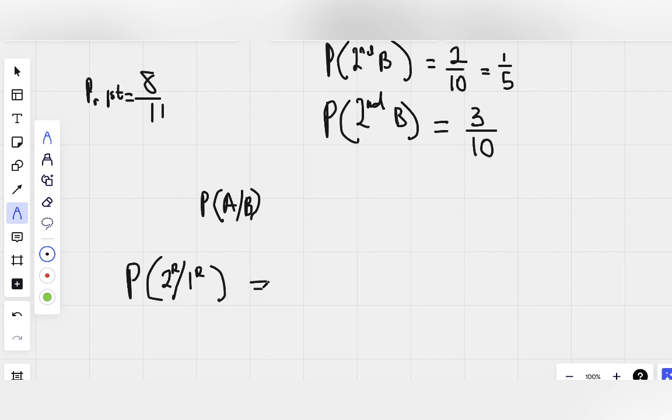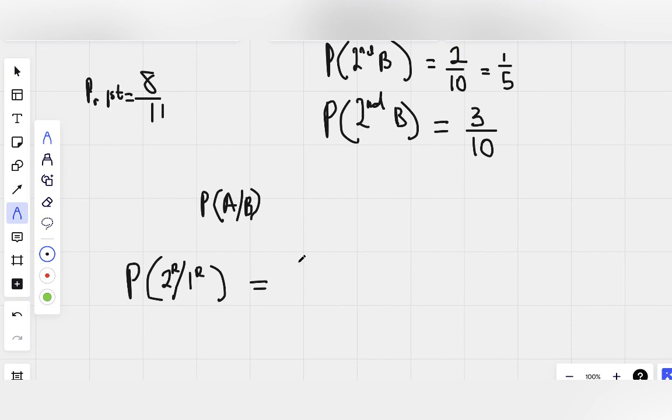If the first one was red, the probability of the first one being red will be 8 over 11. Now the probability of the second one, because you picked that out, the total counters remaining is now 10. It's no more 11. But remember, when you picked the first one, you picked red, so total red remaining is no more 8 also.